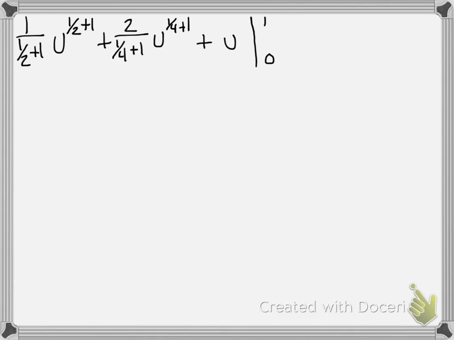Okay, so there's what we left off with. Now go through and actually do that. The 1/2 plus 1 is going to be 1 over 2 plus 2 over 2, which is going to give us 3 over 2. u to the 3 over 2.